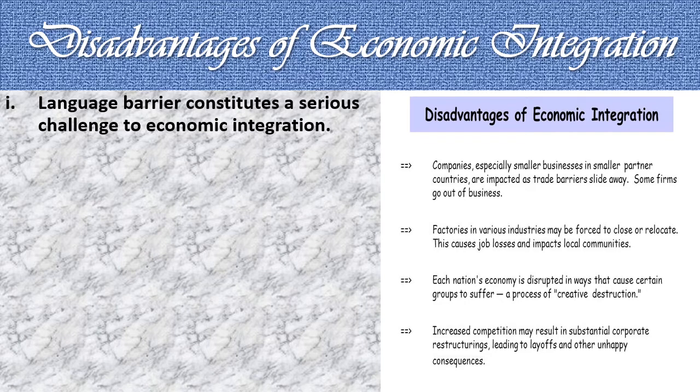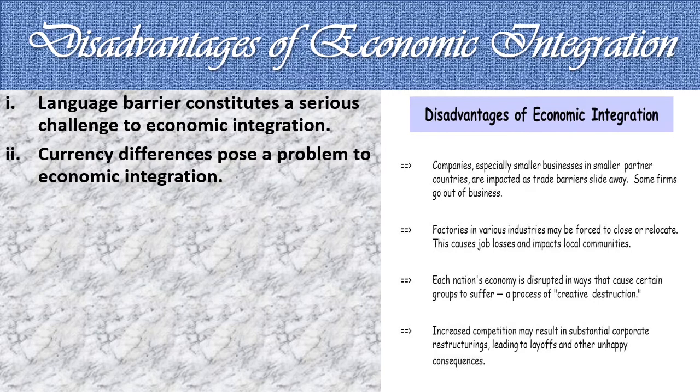First on the list is language barrier. Here, language barrier is very common because countries that integrate to form a union have different official languages. Therefore, communication among them during their meeting or conferences becomes a problem.